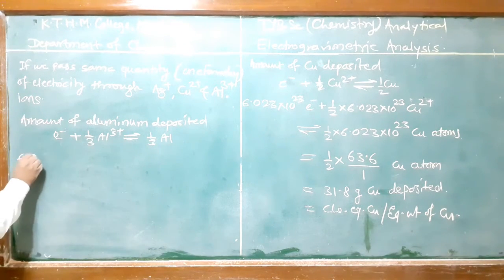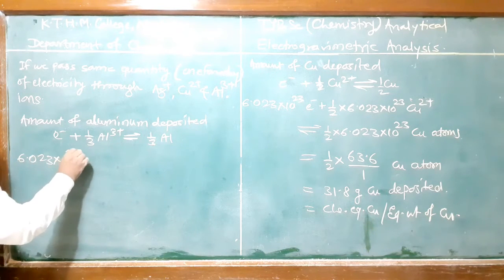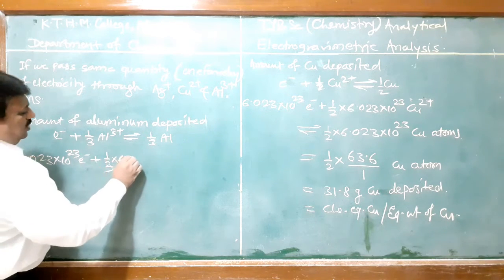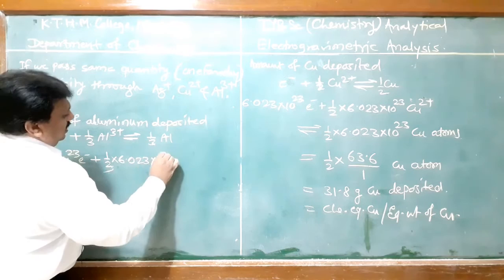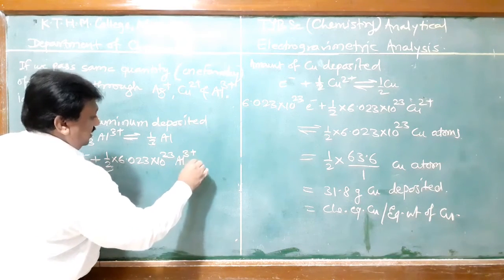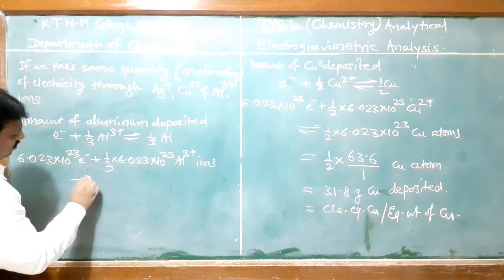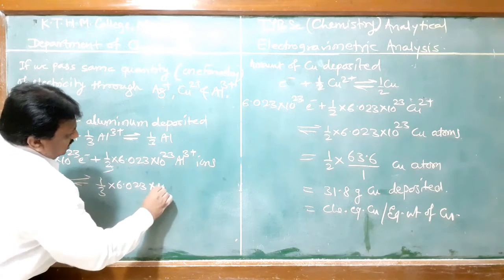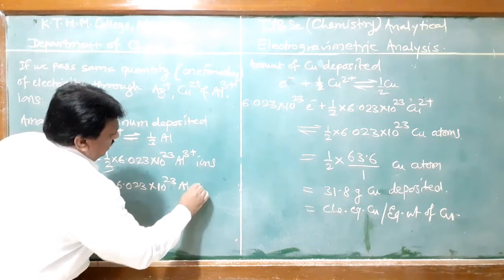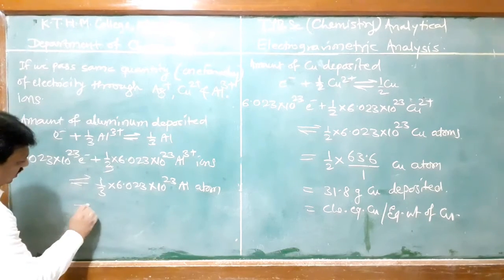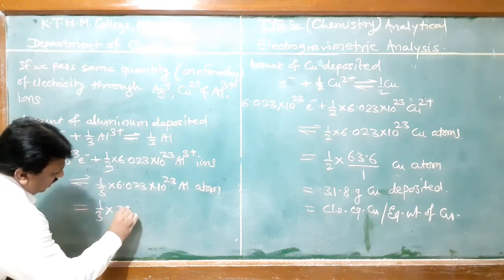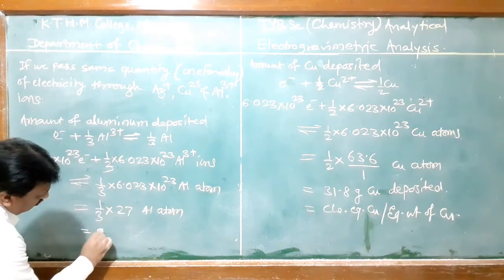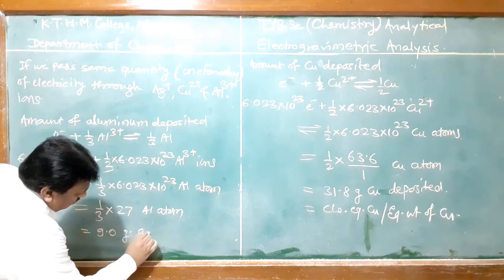Therefore, here 6.023 into 10 raised to 23 electrons plus 1/3 into 6.023 into 10 raised to 23 aluminum ions give the same number, 1/3 into 6.023 into 10 raised to 23 Al atoms, which is equal to 1/3 into 27 grams of Al, and that is equal to 9.0 gram of aluminum.